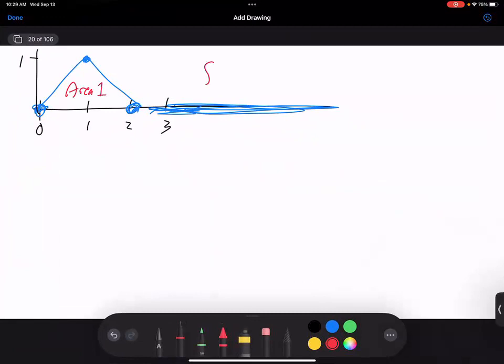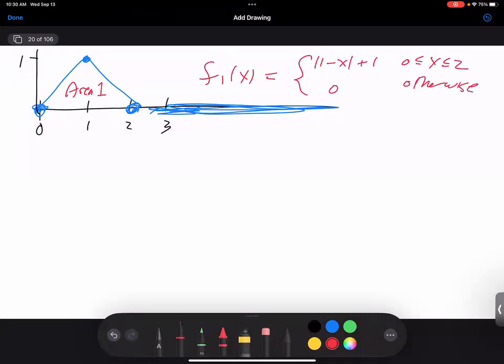So let's let f1 of x be, I'm just going to write, 1 minus absolute value of x plus 1, for 0 less than or equal to x less than or equal to 2, and 0 otherwise. I think this works. So when x equals 1, this equals 1. When x equals 0 or 2, oh, I want a negative sign here.